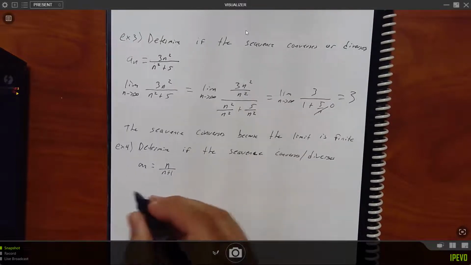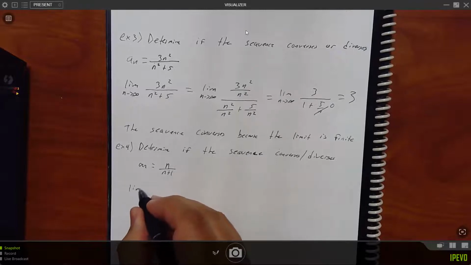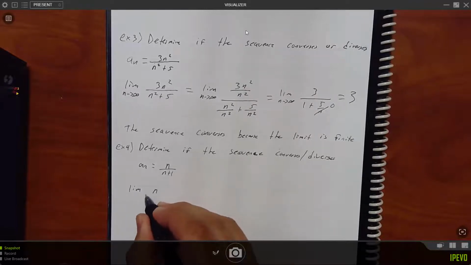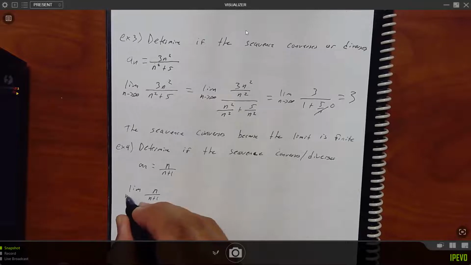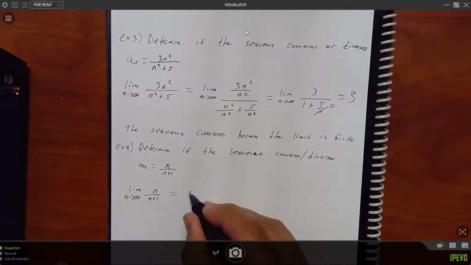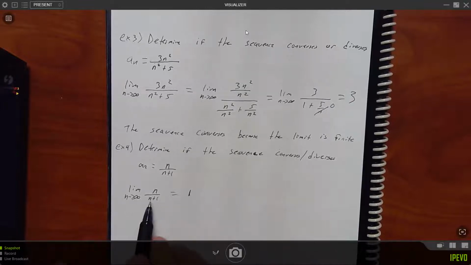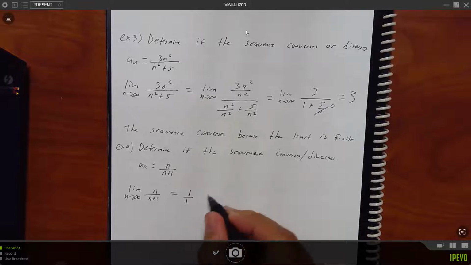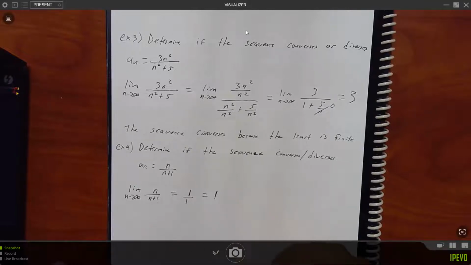So if I take the limit of a sub n as n goes to infinity, you can see that the limit will be 1, right? These overpower each other, so you divide by the coefficients. So 1. So the sequence converges.